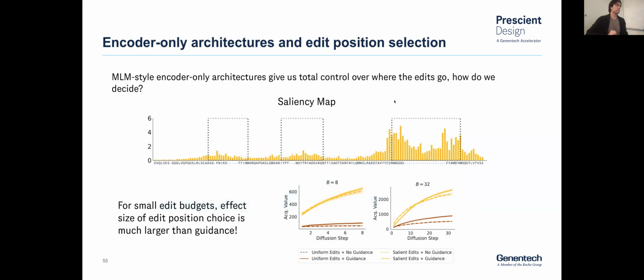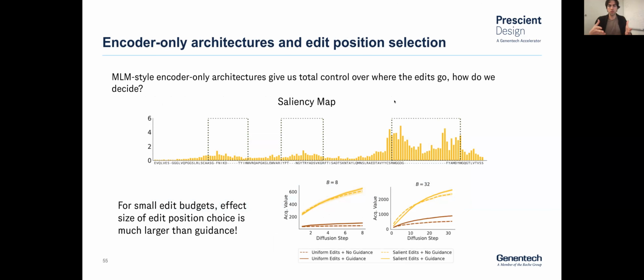For this section, we primarily worked with encoder-only architectures. The reason to do that is it gives us very fine-grained control over the number of edits that we make and where those edits are going.